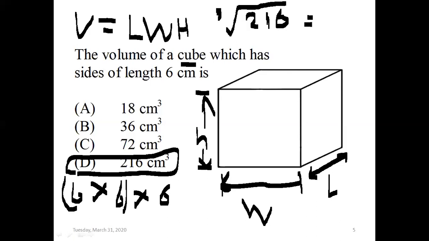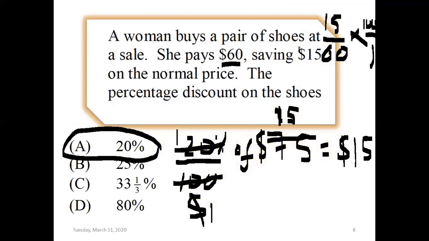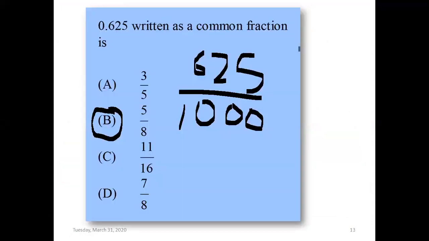So the cube root of 216 would be 6, because when you multiply 6 three times, you get back 216. All right, anybody tell me what is the cube root of 8? It will be 2, because 2 times 2 times 2 would give you 8.